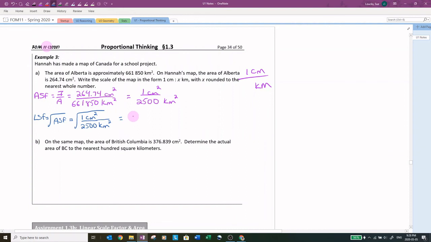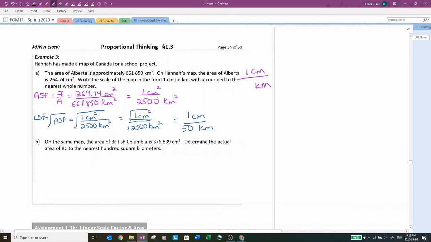Okay, and if you remember from grade 10 math, that is the square root of 1 centimeter squared divided by the square root of 2,500 kilometers squared. So the square root of 1 is 1, and the square root of centimeters squared is just centimeters, right? If we take 1 centimeter and we square it, we get that, right? And the square root of 2,500 is 50, and then this becomes kilometers. So there's our answer. It's 1 centimeter to 50 kilometers.